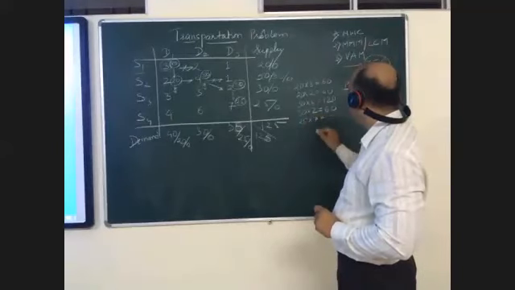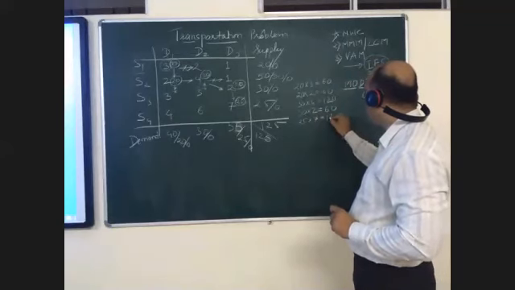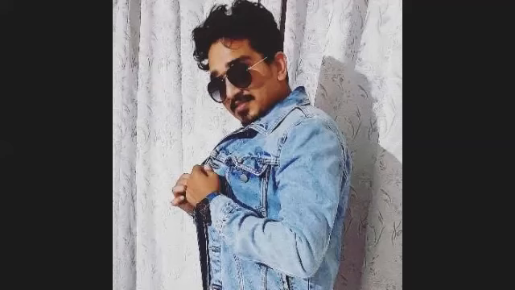Now, this is 25 into 7. How much will it be? 175. Yes, correct.